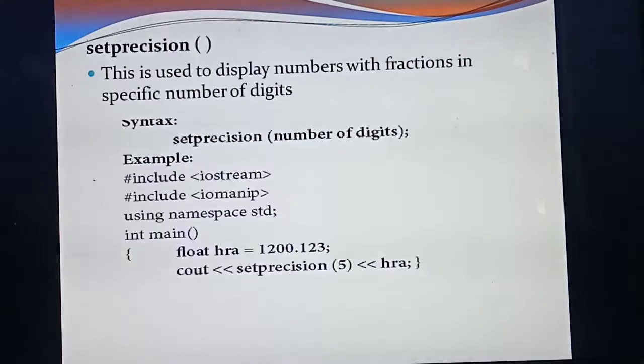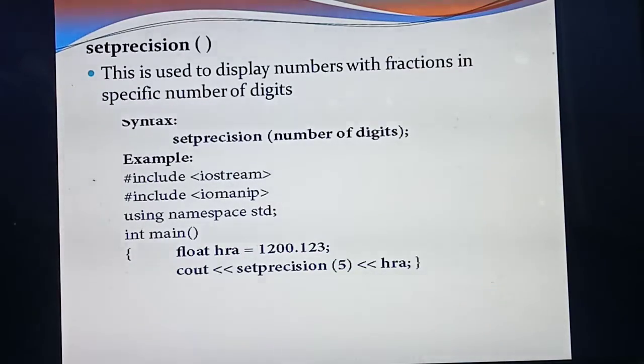Understood? Okay. Today we are going to study the third manipulator called setprecision. We have already studied two manipulators. What are they? endl as well as setw. This manipulator is mainly used to display a number with fractions.